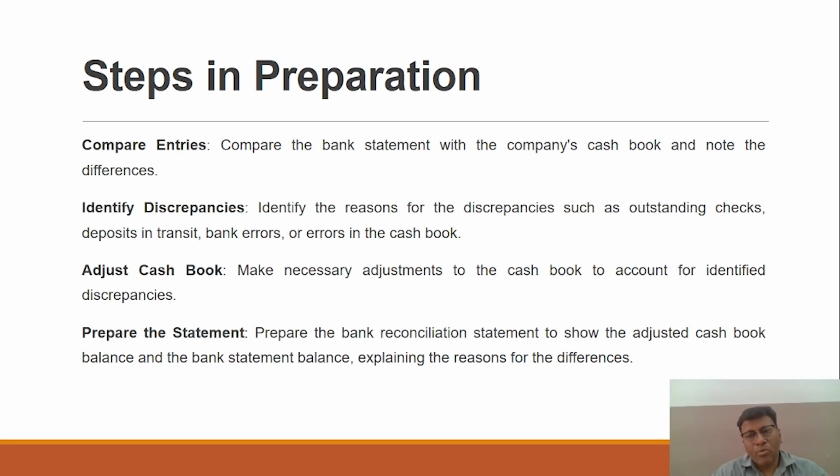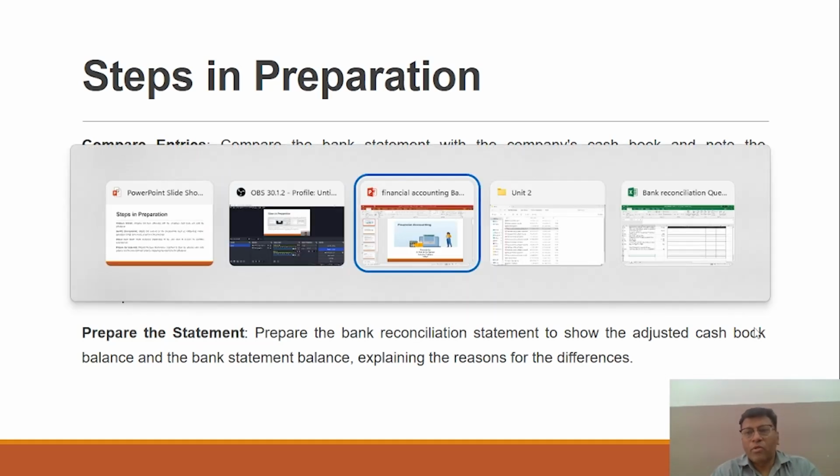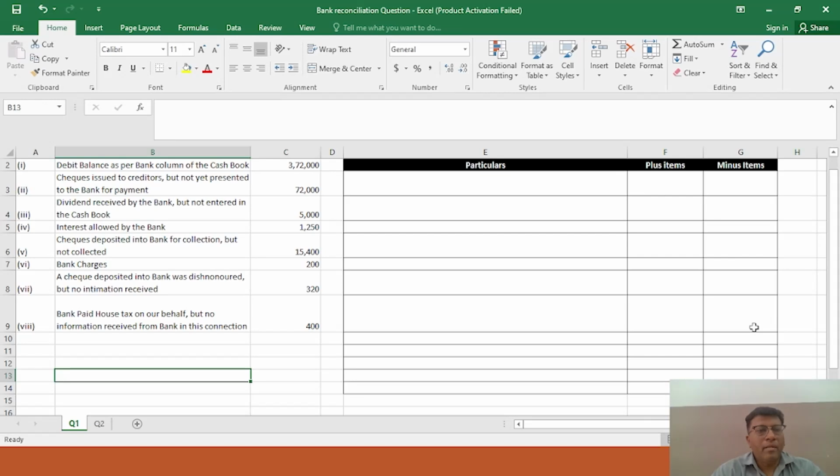And this is the time to know how to solve a numerical question, because it is a must to know practically how it is solved, how the transactions are identified, and how you will prepare this bank reconciliation statement with the help of the reasons and causes given in the question. So just approach the Excel sheet, where we will solve this particular numerical.